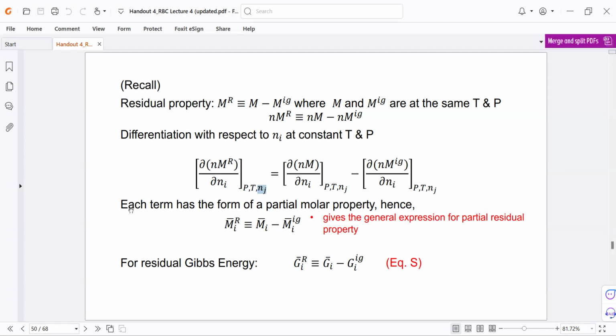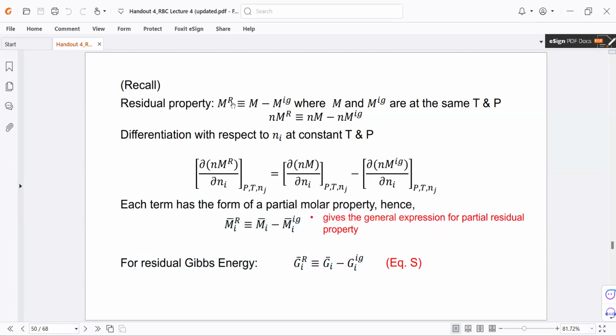And then remember that we can also express the residual property as a similar equation for the partial molar property.